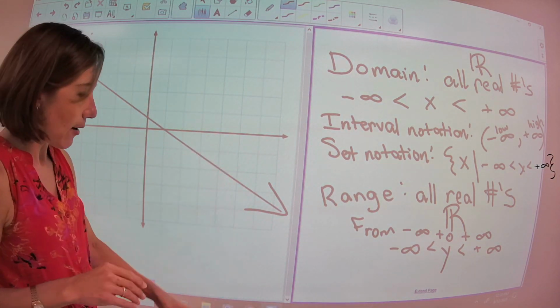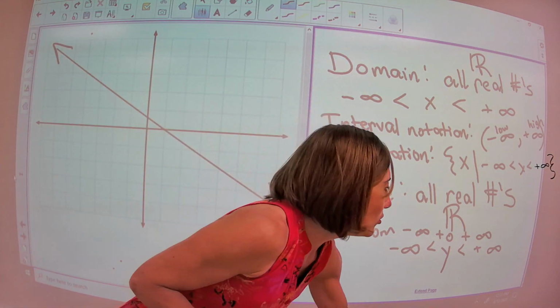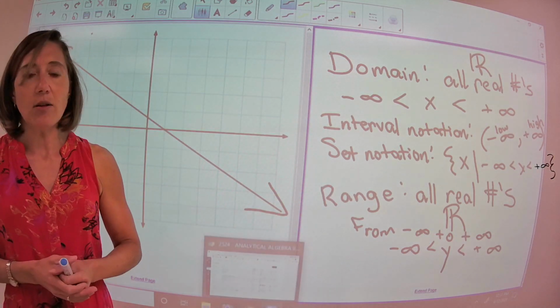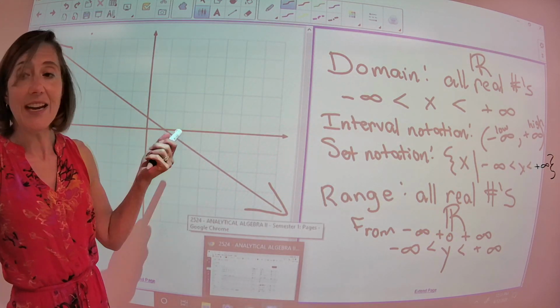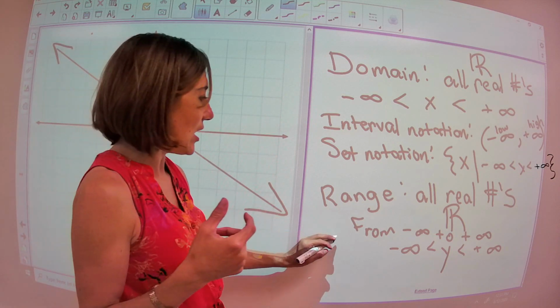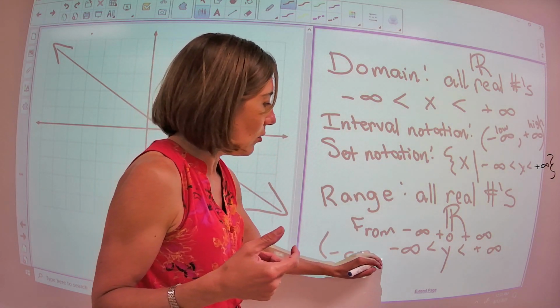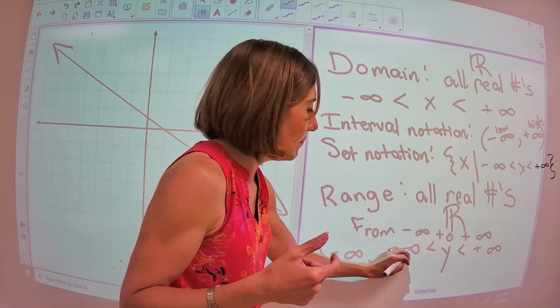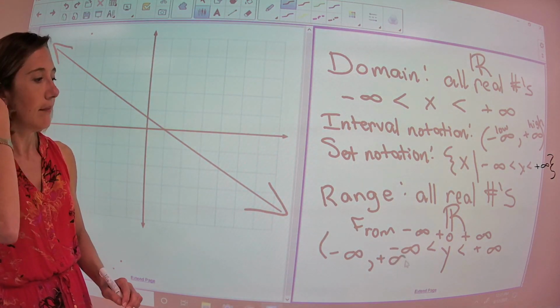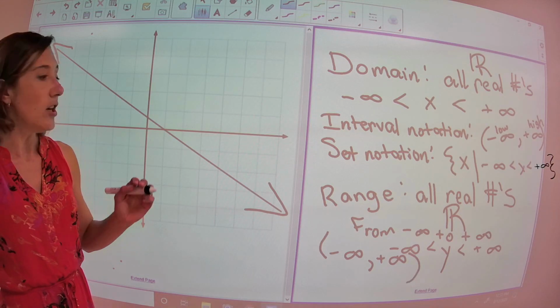Okay, so let's try that with our range. So our range here was also going from negative infinity to positive infinity, so it's going to look the same for interval notation. It's going to go from negative infinity to positive infinity. So that's interval notation.